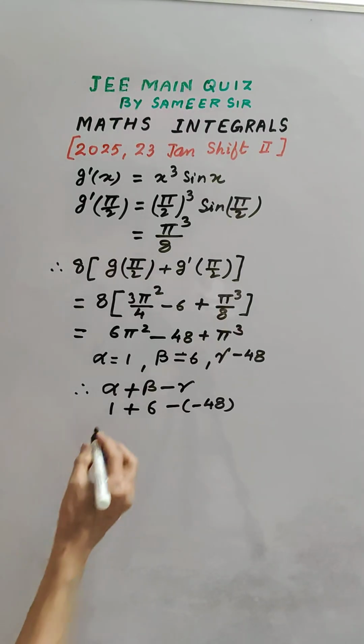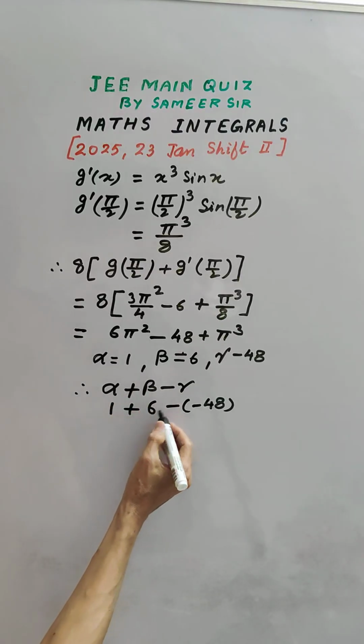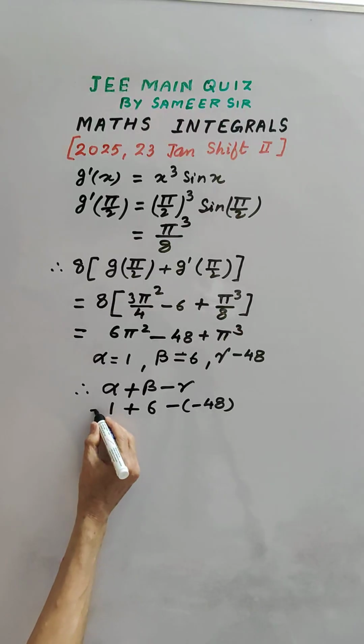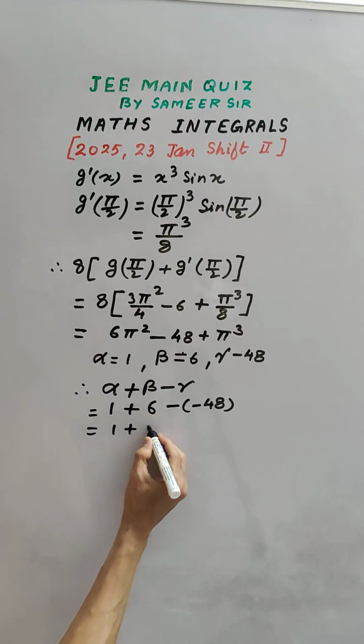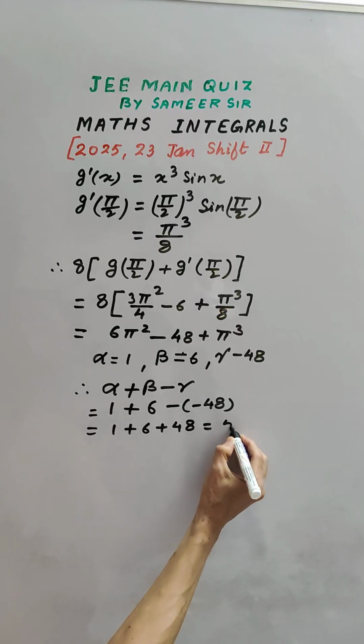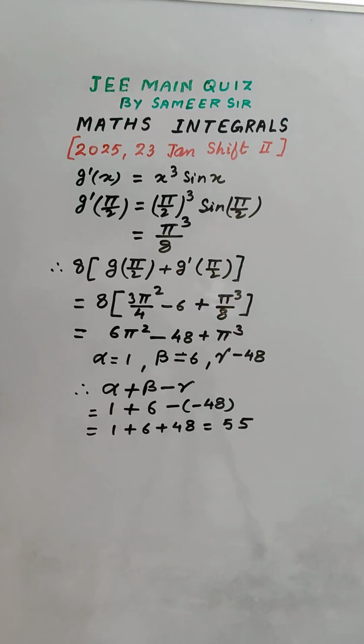For alpha 1, for beta 6, and for gamma minus 48. So minus minus plus, that will be equal to 1 plus 6 plus 48, which is equal to 55. So 55 is the correct answer.